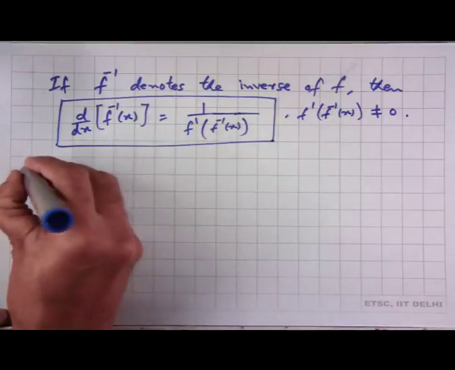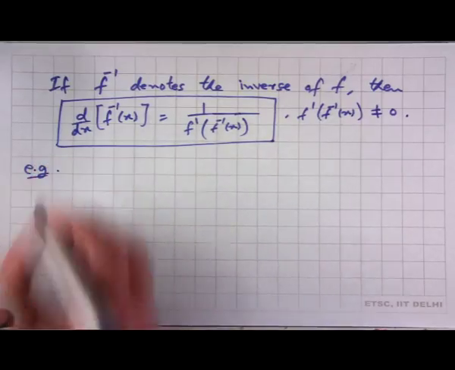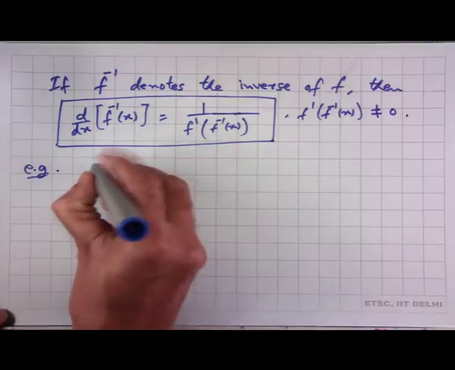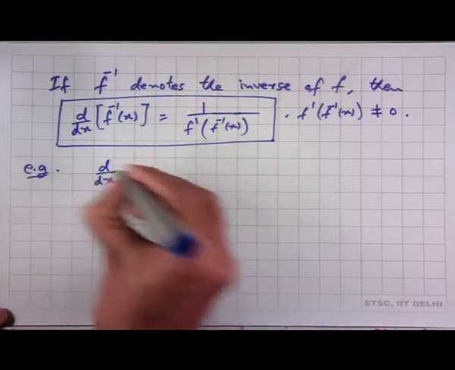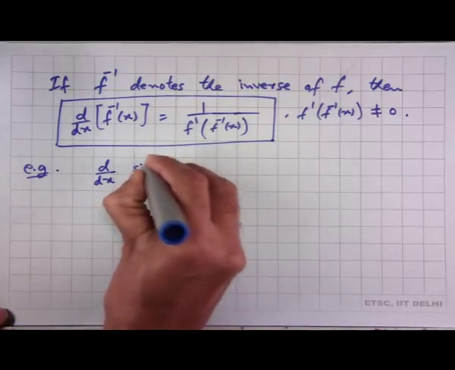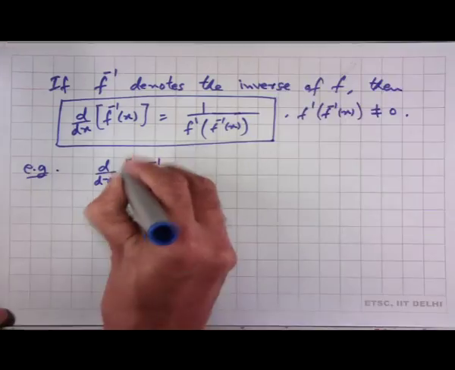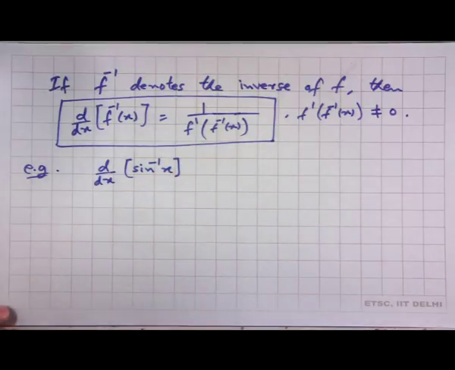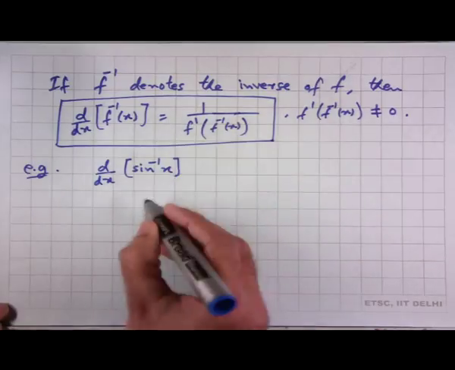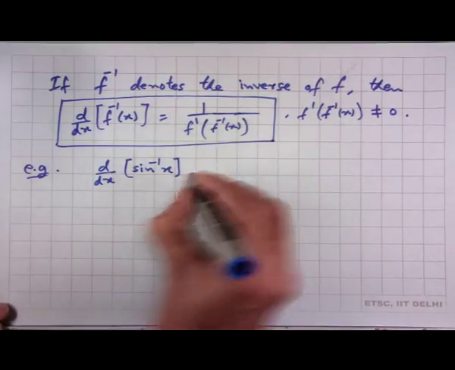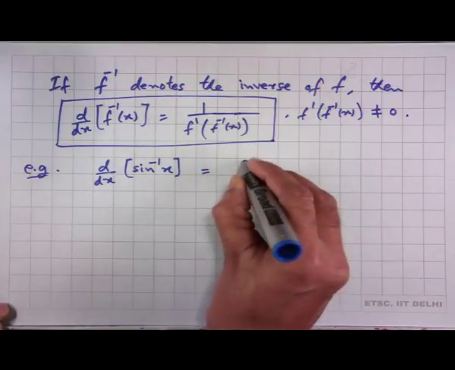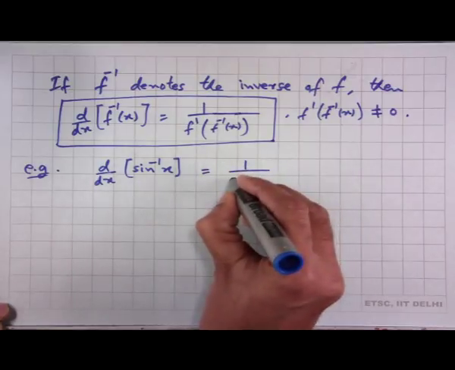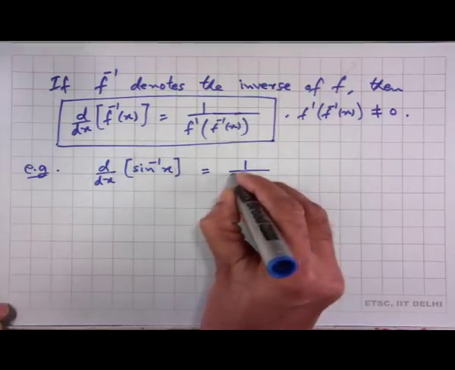So, for example, let us try to calculate the derivative d by dx of sine inverse of x. So, by this formula, this is equal to one by the derivative of sine.